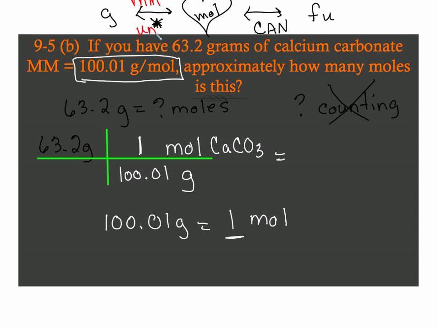So mass and moles use molar mass, and it's a unique molar mass for each substance. Now, if you did this algebra, I have 3 sig figs. Oh yes, you heard me, 3 significant figures. So my answer needs to be to 3 significant figures. Remember, when you do the railroad, you multiply if it's in the numerator, you divide if it's in the denominator.